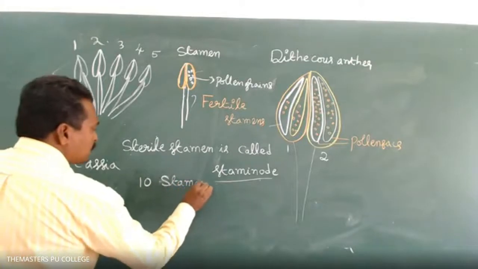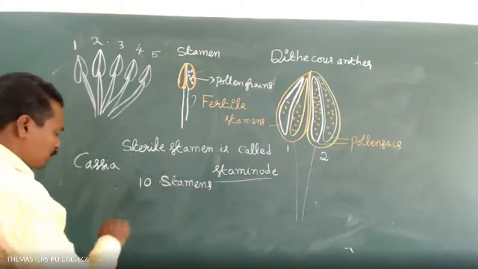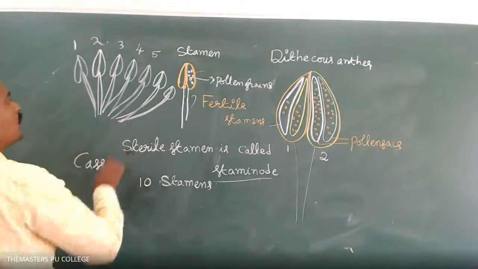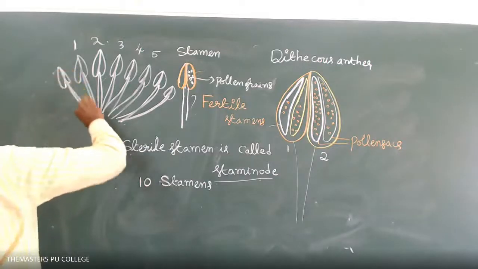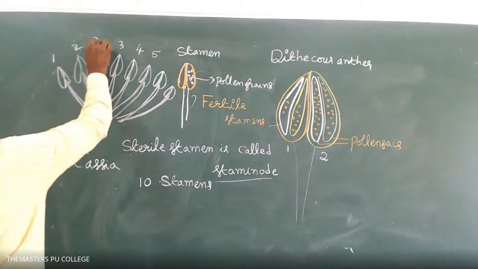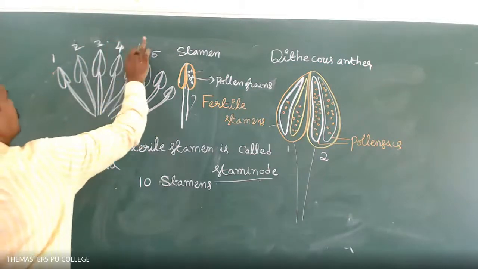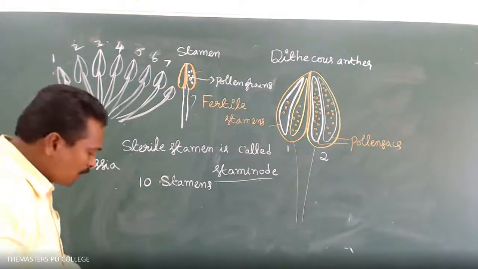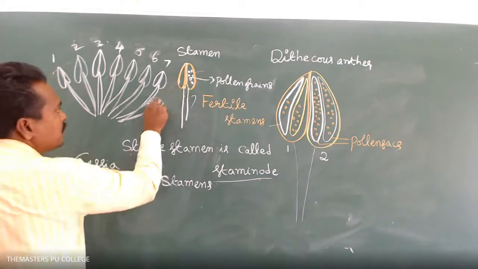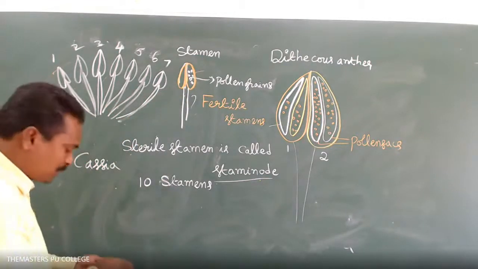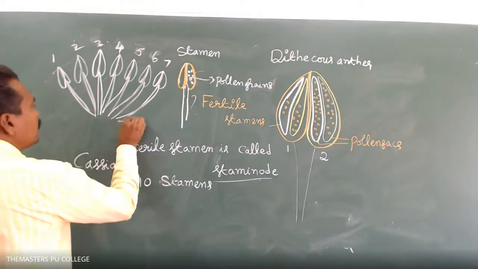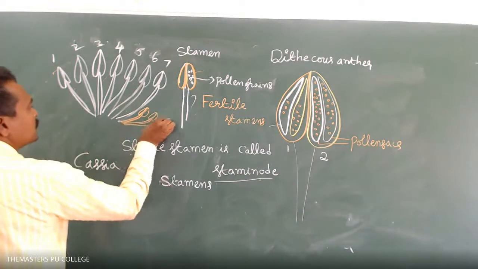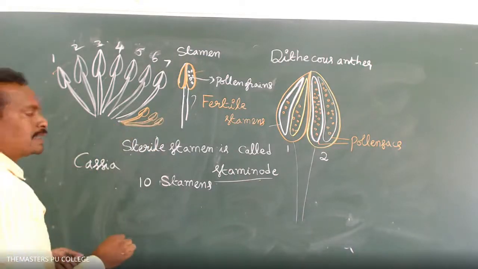Among these 10 stamens, majority of the stamens are able to produce pollen grains. But few of the stamens are not able to produce the pollen grains. So such stamens are called as staminodes.